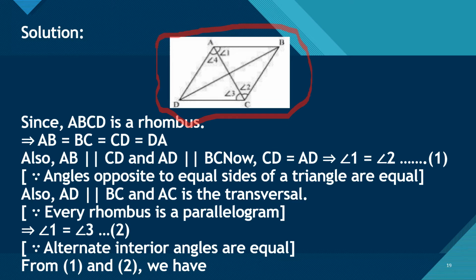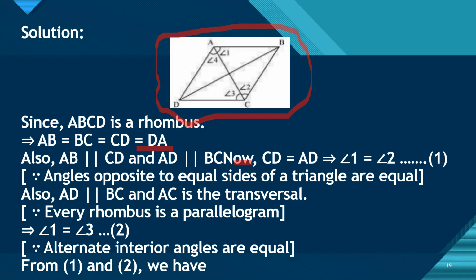Here is the picture, and since ABCD is a rhombus, AB is equal to BC, BC is equal to CD and CD is equal to DA. Also AB is parallel to CD and AD is parallel to BC.